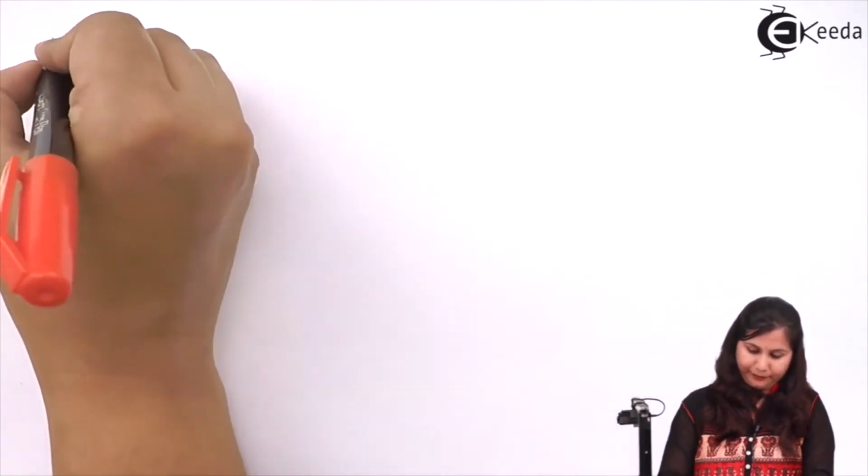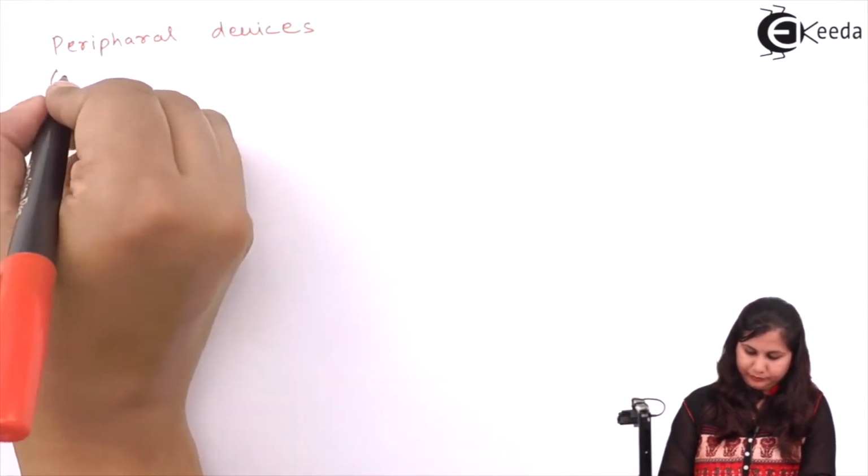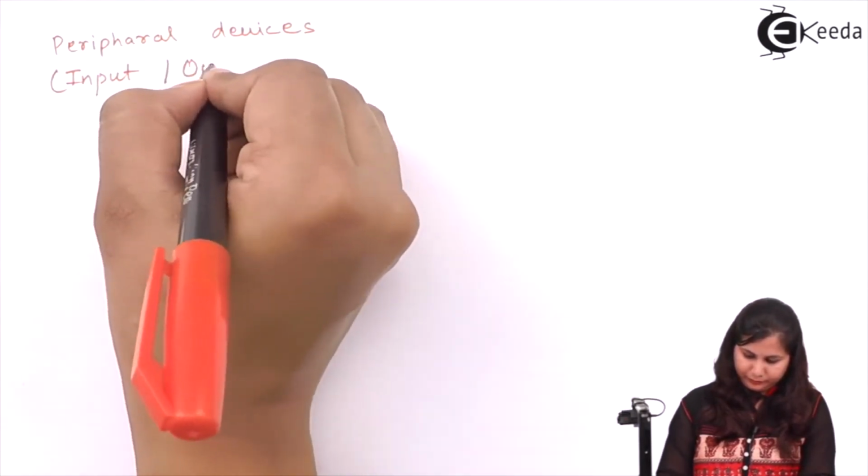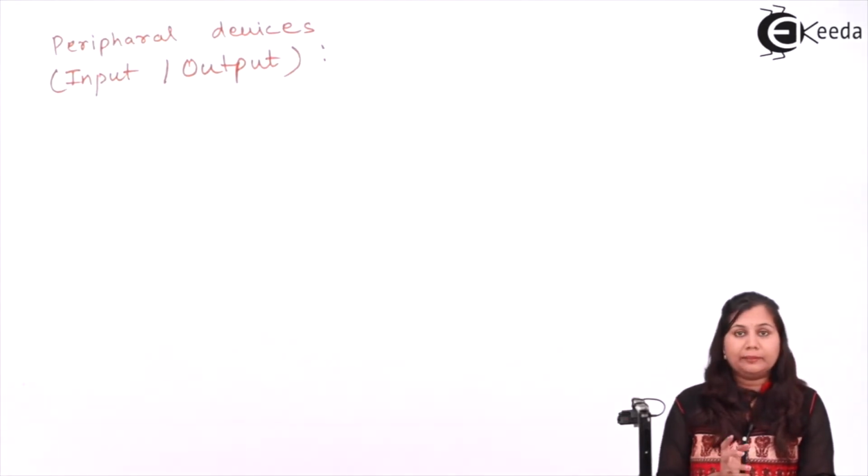Next, we come to the peripherals, that is the input output devices of a microprocessor. First, we have the input devices.